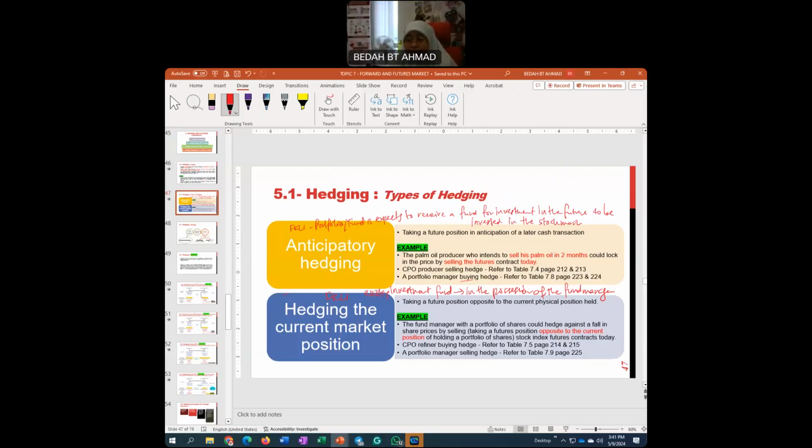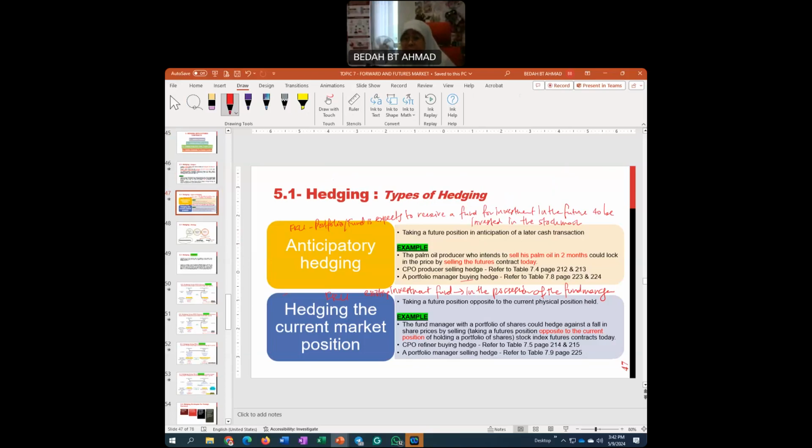Here, for example, you can refer to the portfolio manager selling hedge, Table 7.9, pages 2 to 5 in the textbook. This usually relates to a fund manager with a portfolio of shares, meaning the fund is already in the possession of the fund manager.